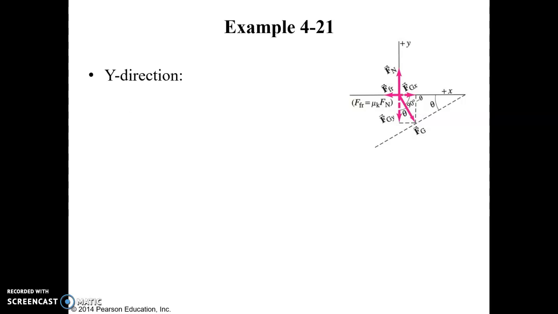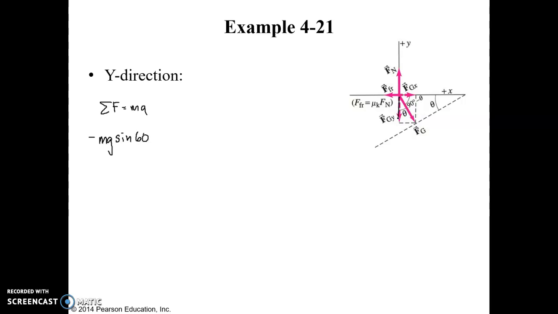So if we apply Newton's second law of motion, sum of forces equals mass times acceleration. What are the forces? Well, we have the vertical component of her weight. So we have mg, this time is going to be sine of 60. And we have the normal force going up. This, by the way, is going down. So this is negative mg sine of 60.